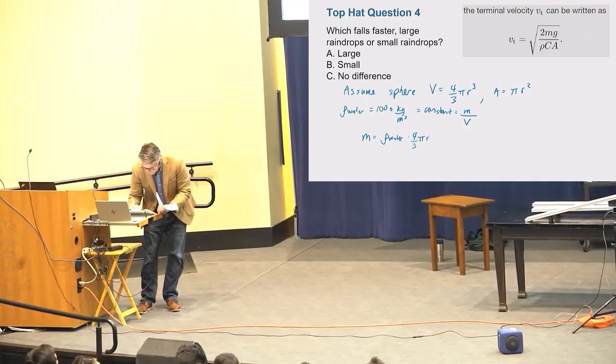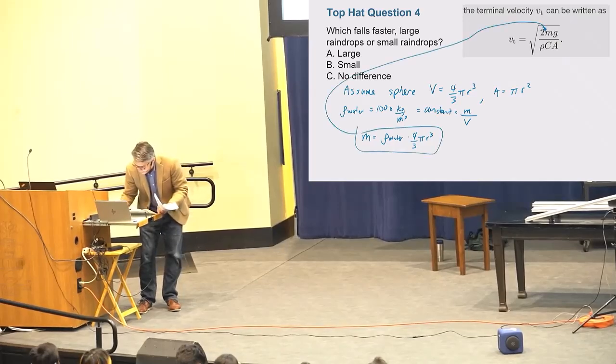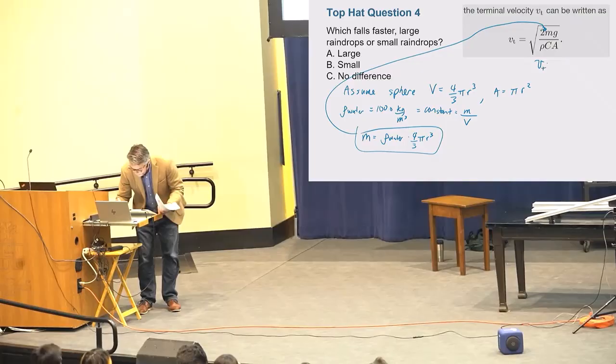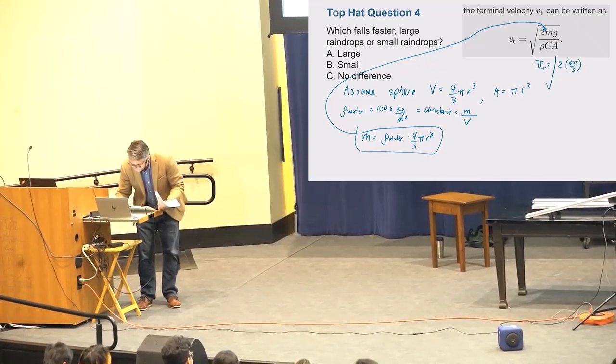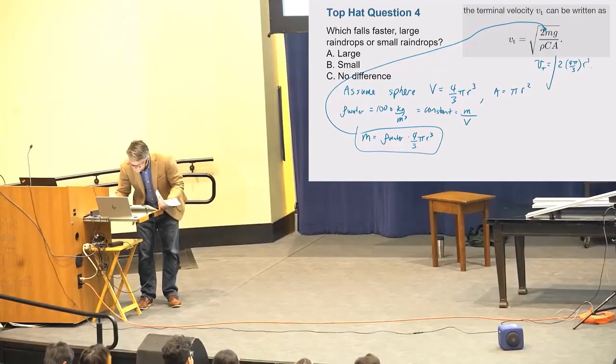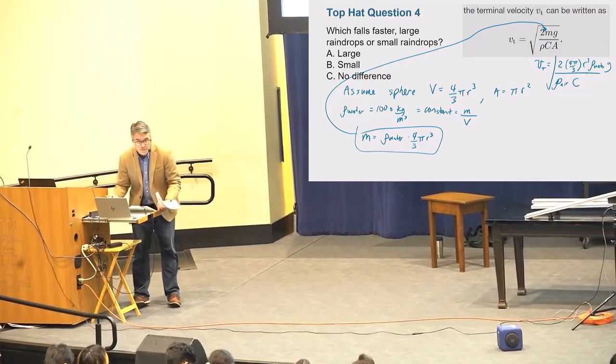4/3 pi r cubed. So you can plug this in, and you can also plug in the area. So you get v terminal is equal to the square root of 2 times 4 pi over 3 times r cubed times rho water, which is different than rho air, times g, divided by rho air times C times pi times r squared. I don't know what C is, it's some number, but it's going to be the same for small and big raindrops if they're both spheres.